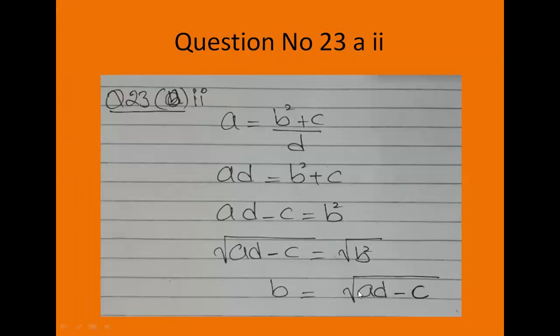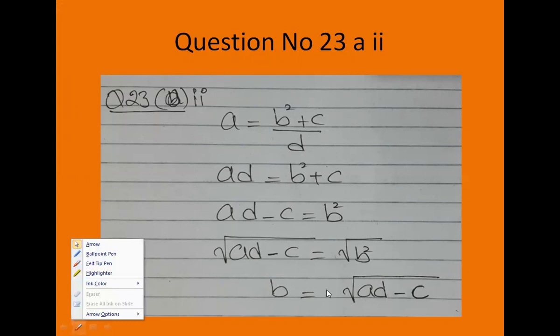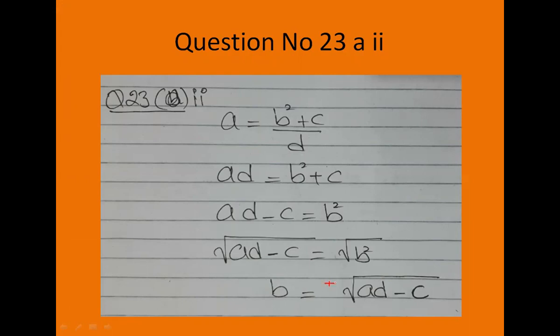So your B will be equal to the square root of AD minus C. But remember here, don't forget to write the plus minus sign. I have not written it, but you should write it here. It's a bit difficult to write with the mouse. It's important to write this plus minus sign here.